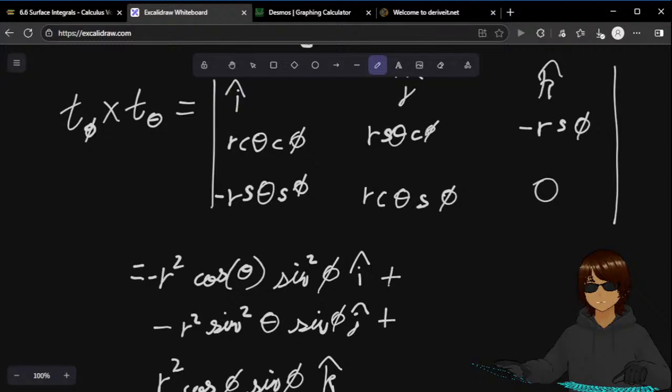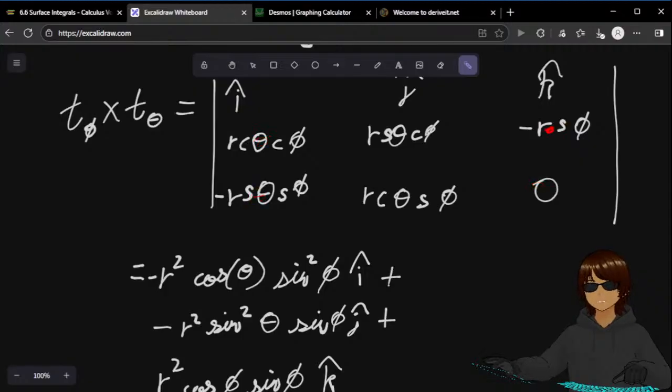We have this times this, R square sine square cos. R square. Okay, yeah. So this times this times this is 0.